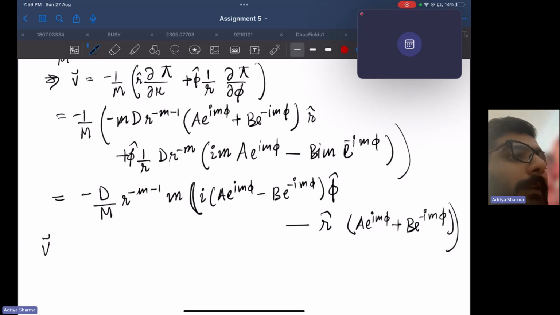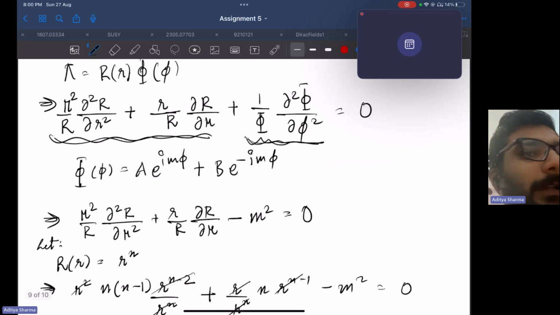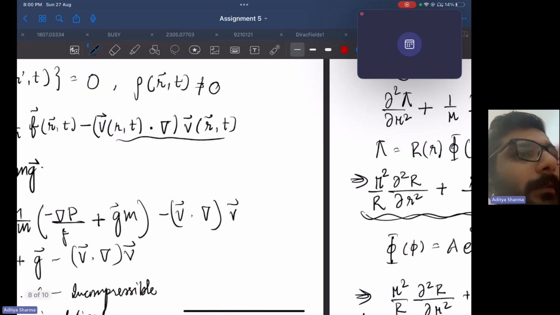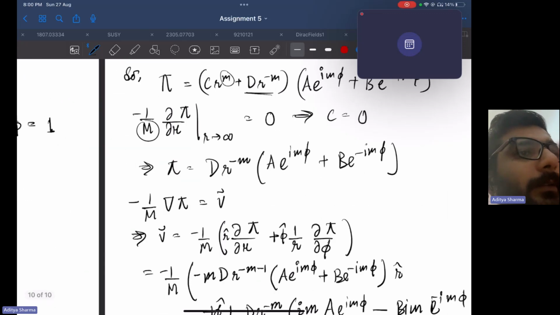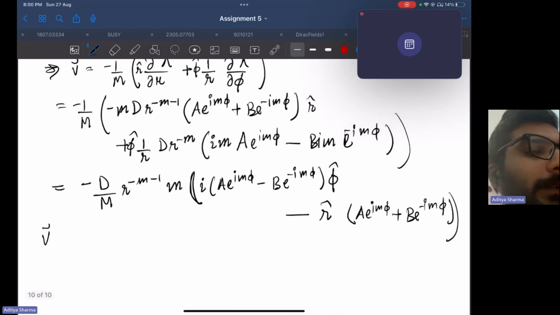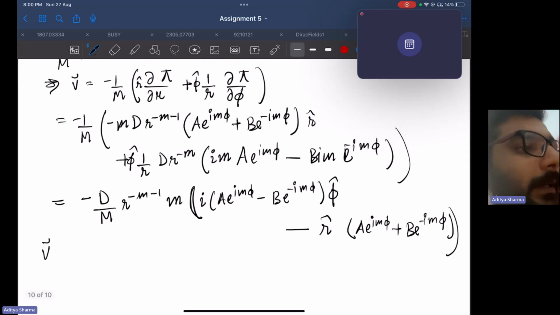Now b at r tending to infinity should be 0, so we already put that. Velocity at the surface: V dot y cap should be 0.